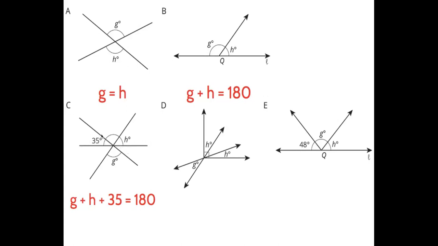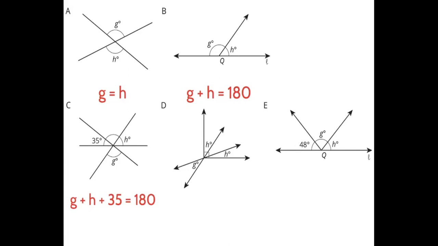And if they are vertical to each other, they are the same. So if this angle is 35, this angle is 35 degrees, and then H plus this angle plus G makes one straight line, or 180, then G plus H plus 35 has to equal 180.